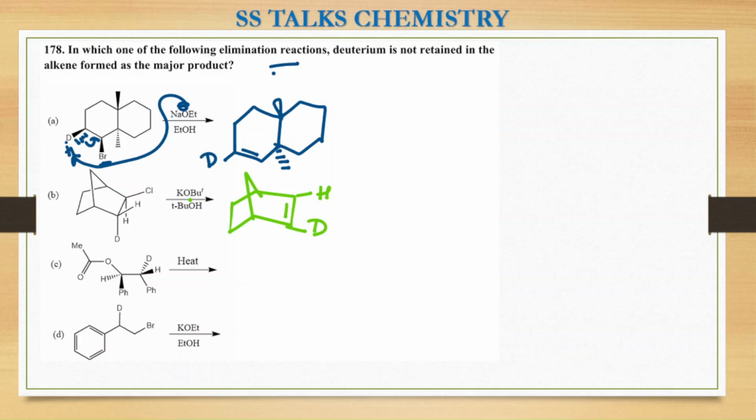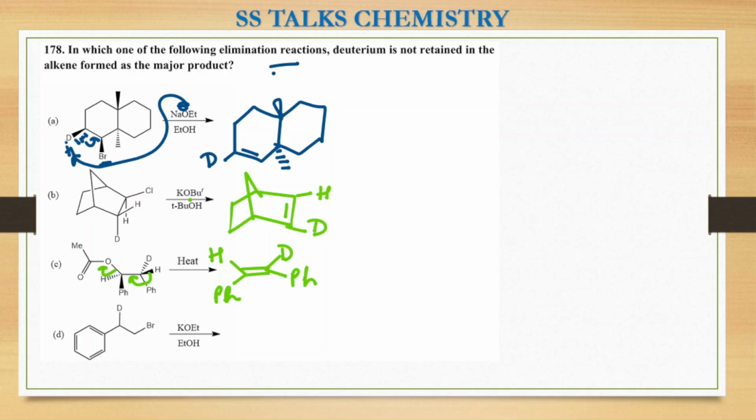Okay. In option C, if you see, this is going to be leaving from here. Here also you will see that the hydrogen atom, if you bring it into the anti-periplanar position, the electron density will be shifted, and this group is going to leave. So here also your deuterium atom is going to be retained over here. So the Ph group, and here is this hydrogen atom.